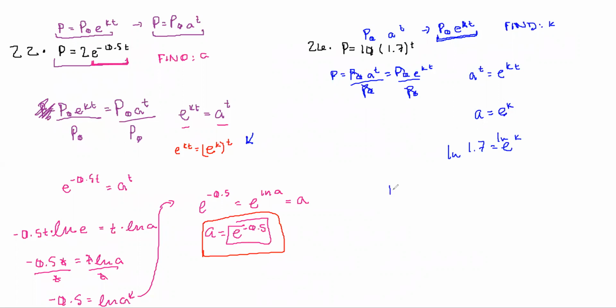So I'll end up with the natural log of 1.7 is equal to k times the natural log of e, right? So k is equal to the natural log of 1.7. So in order to write this in this form, I would say p is equal to, p naught here is equal to 10. So 10 times e to the natural log of 1.7 t.